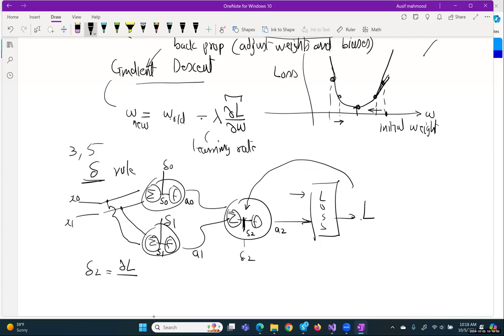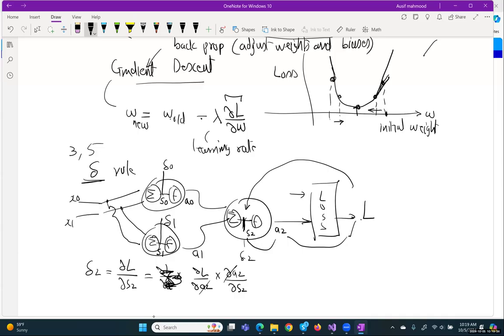So this will be partial L over S2, which is the same as writing partial L over partial A2, meaning we go up to here, and then from here we go up to here, multiplied by partial A2 over partial S2. You can see this will cancel, and what is left, partial L over partial S2, is the same, right?